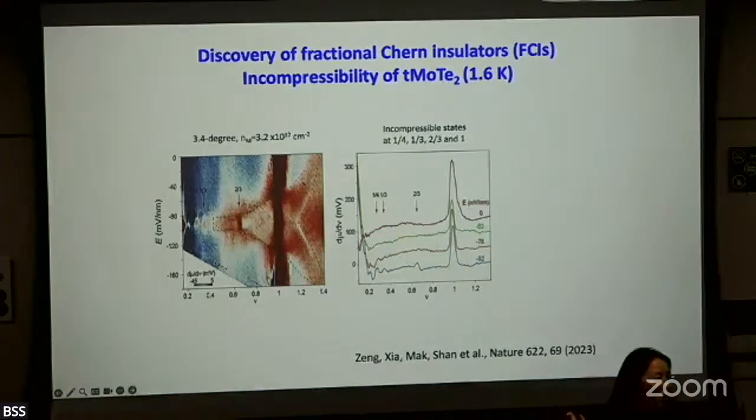The advantage here is that optics can penetrate the dual gate, and this is something SET has a lot of difficulty measuring. And capacitance, of course, is another measurement, but it's a global measurement. So if you have sample inhomogeneity, all those states will be washed out. You wouldn't be able to see much.